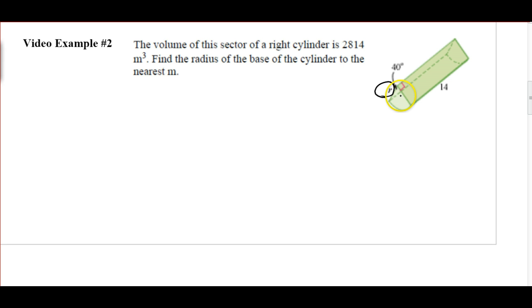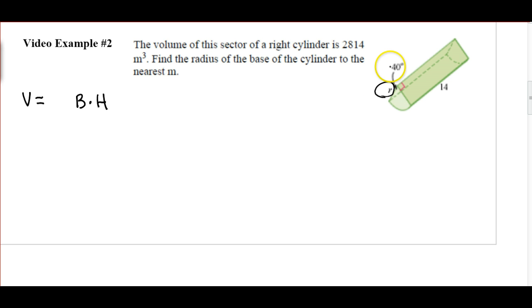So if we've got a sector of a cylinder, the volume of a cylinder would normally be, notice I'm leaving a little bit of space here, area of the base, capital B, times capital H, which is the height of the whole cylinder. But I don't have the whole cylinder here.